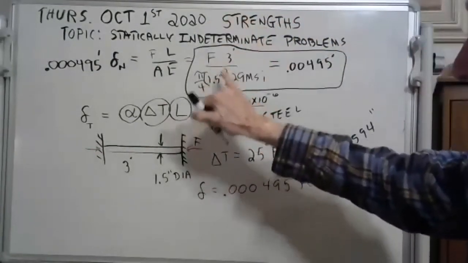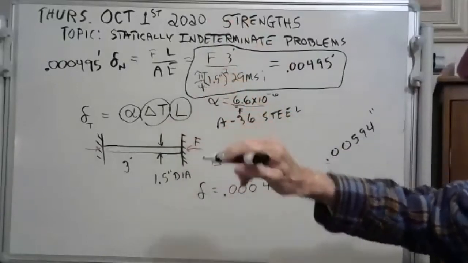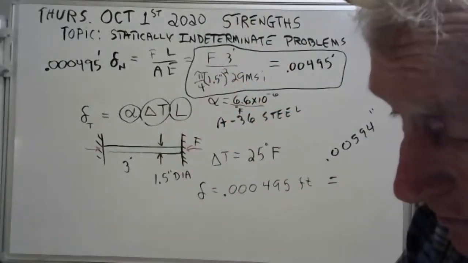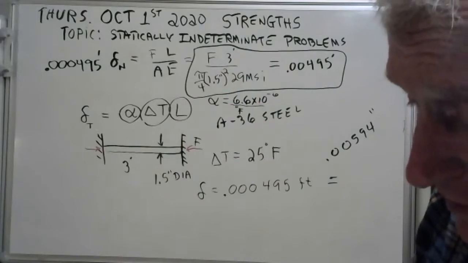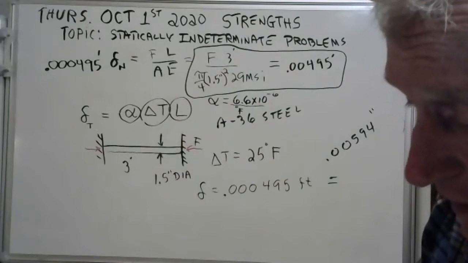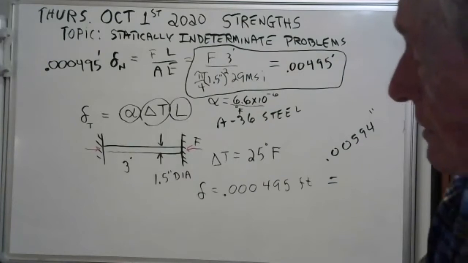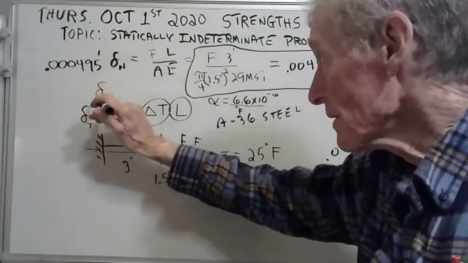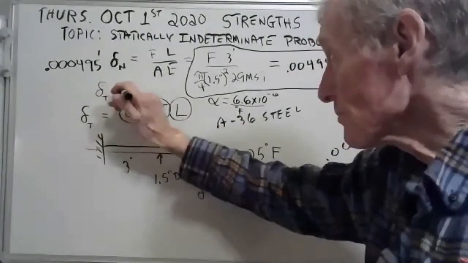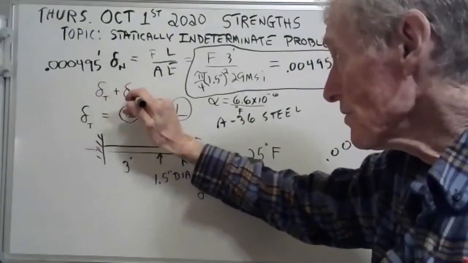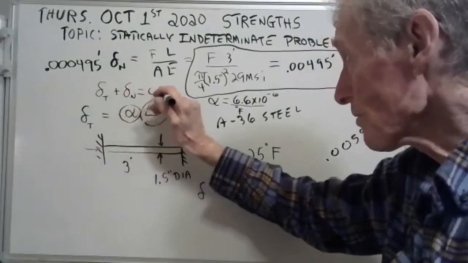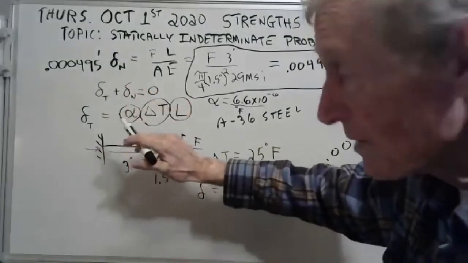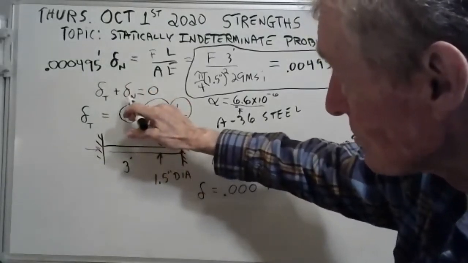See, this is the normal deformation, and it really is negative. If you take the negative and the positive and add them together, you'll get 0. I probably should have written it like this: the thermal deformation plus the normal deformation equals 0. But see, the normal deformation is negative.